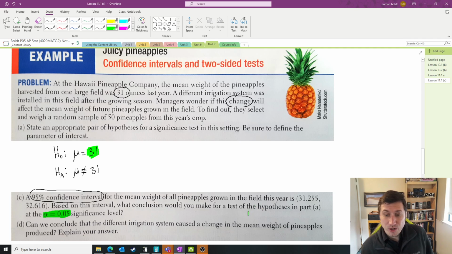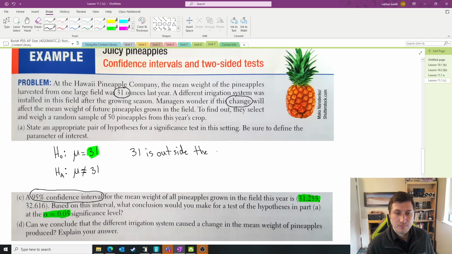So is 31 in the interval? And we look, and it's not. It goes down to 31.2. So 31 is outside the interval. It's outside the 95% confidence interval.